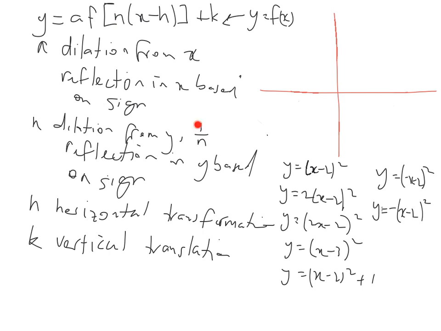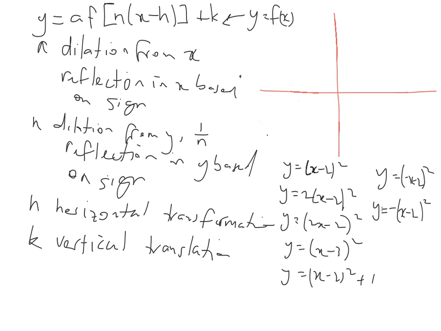If it's a 3, it'd be 1 on 3. Also, its sign determines the reflection in the y-axis. h is your horizontal translation, and k is your vertical translation. So h is how far left and right, and remember if it's negative, it goes to the right, if it's positive, it goes to the left, and our vertical translation is how far up and down it goes.